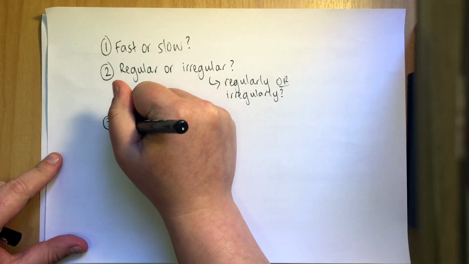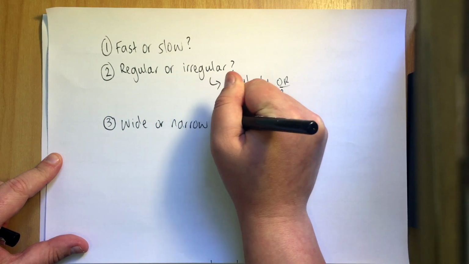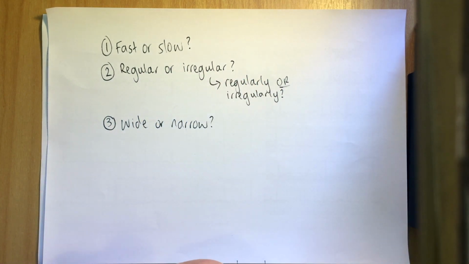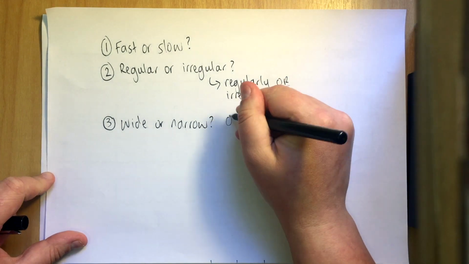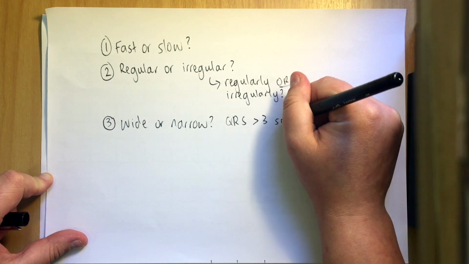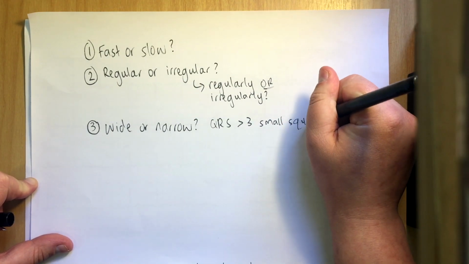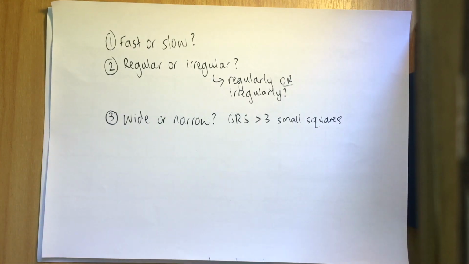So number 3, wide or narrow. So that's talking about our QRS complexes. And a wide QRS is greater than 3 small squares, 120 milliseconds, for the purposes of this. And the reason we care about that is that if the QRS complex is wide, there's 2 reasons really that can have happened.